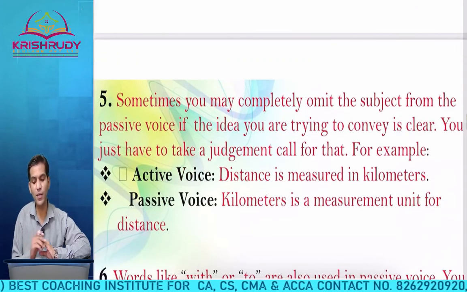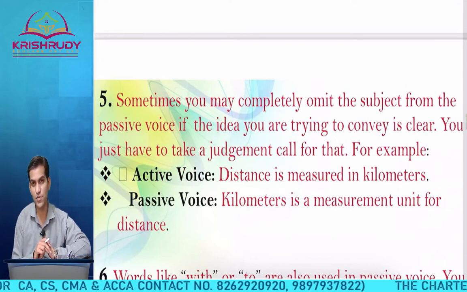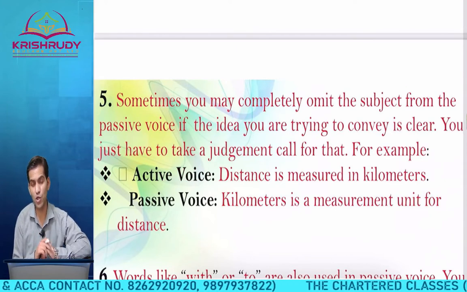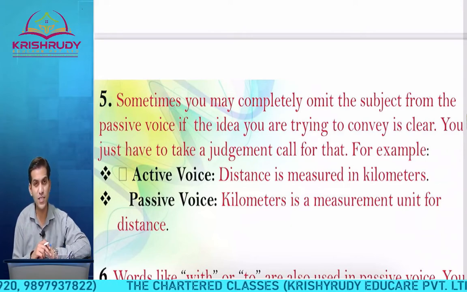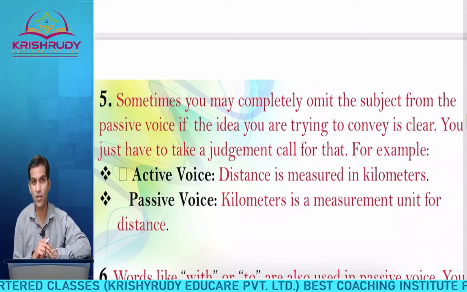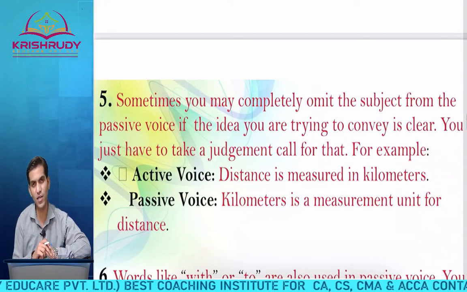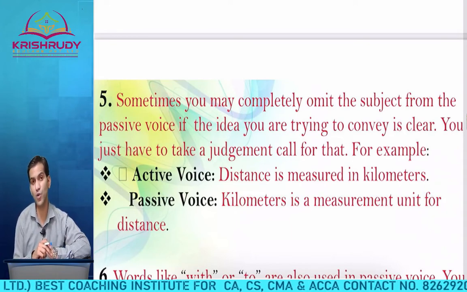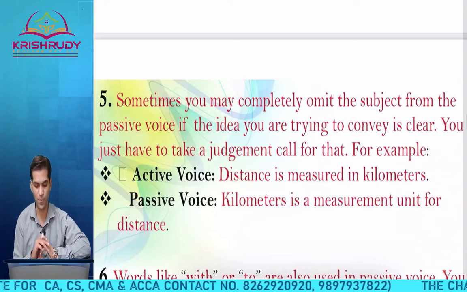Sometimes you may completely omit the subject from the passive voice, right? The sentences we did recently were easy to understand and easy to change, but we might get some difficult sentences. Those are not really difficult, but we should remember the trick to change them into passive.